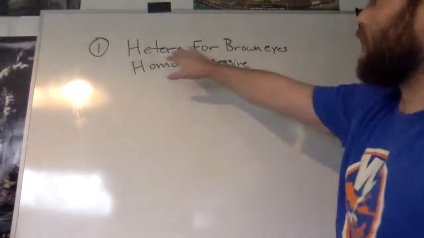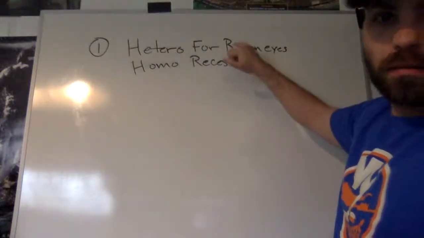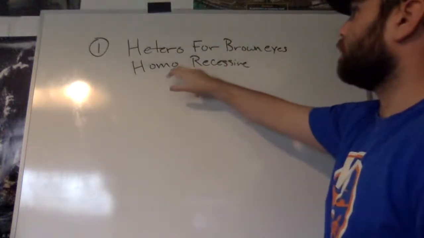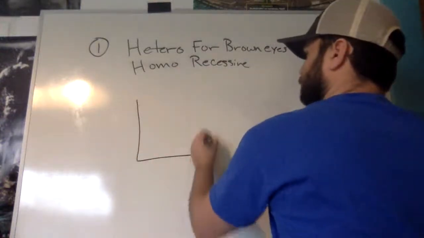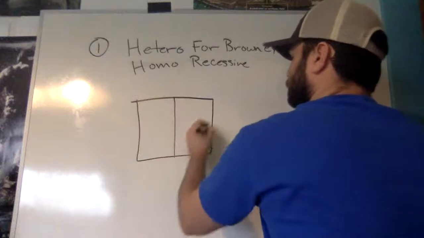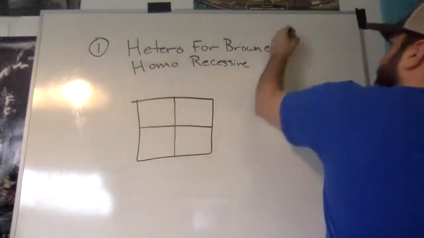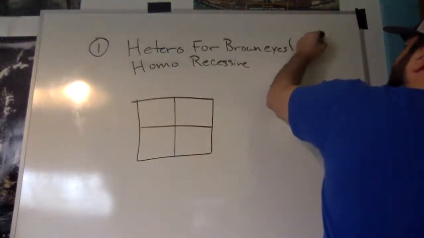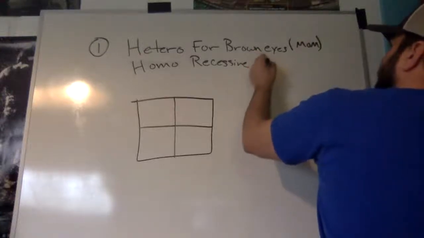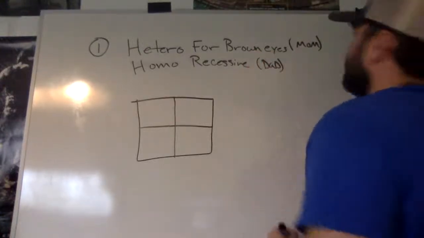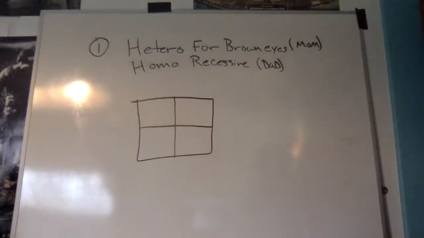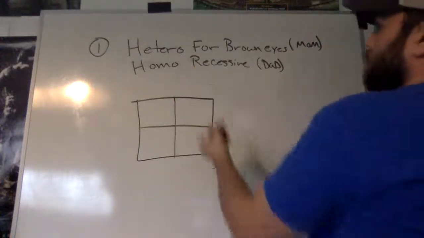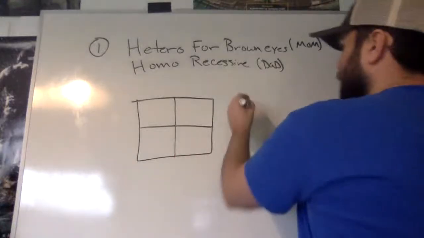Okay. So we got hetero for brown eyes. Okay. And then we got homozygous for recessive. And I'll even put this is mom and this is dad. Okay. So I want you guys to figure it out. You tell me, okay, what percent are they going to have brown eyes and what percent are they going to have blue eyes?